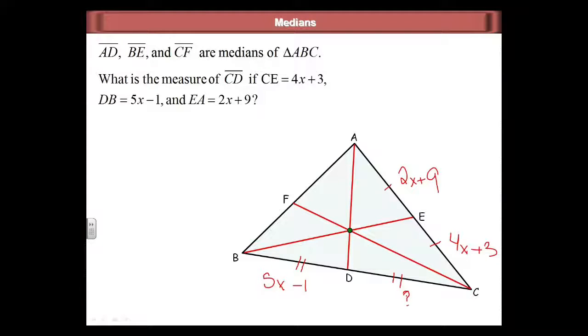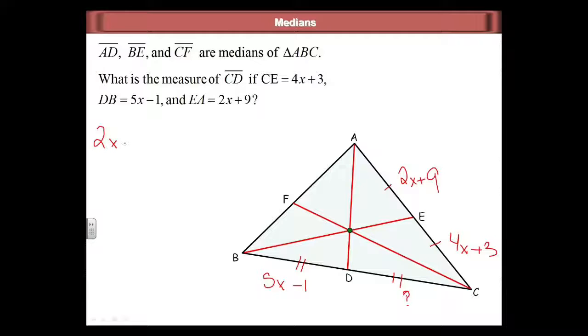This is one of those hopscotch problems. There is nothing to help me find CD except that I know CD is equal to BD. And in order to find BD, I need to know what x is. Well, there's nothing for me to say what this is equal to, but if I look on this side, I can see that 2x plus 9 is equal to 4x plus 3.